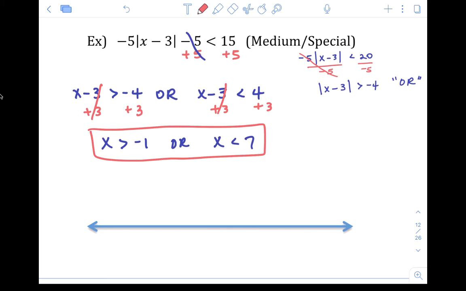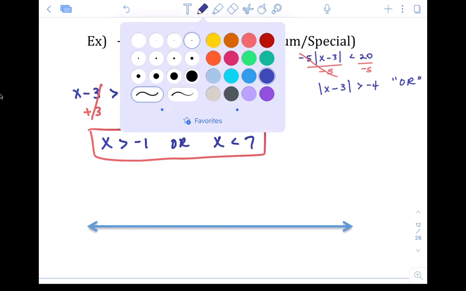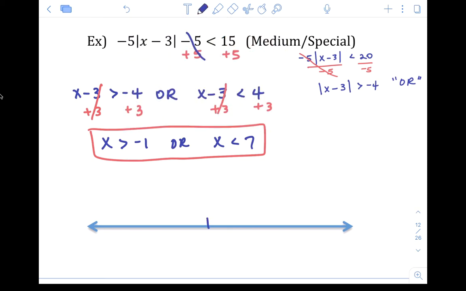Okay, so let's talk this one through. If you're looking at a number line, we have 1, 2, 3, 4, 5, 6, 7, 8, 9, 10, and negative 1, negative 2, negative 3, up to negative 10. Good enough. So you've got your number line.